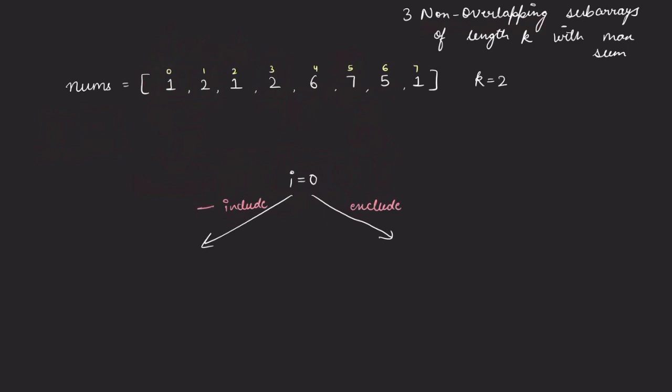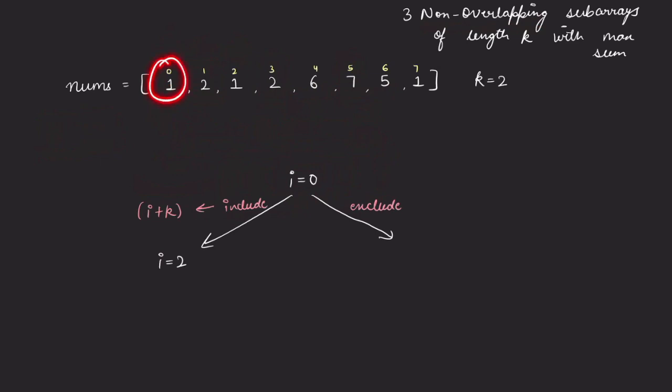So whenever we are starting a subarray from an index i, the next index will be i plus k. When I have taken index 0, my subarray will be this much, so my next index will start from index 2, which is nothing but 0 plus 2, that is 2. So now my i will start from 2.